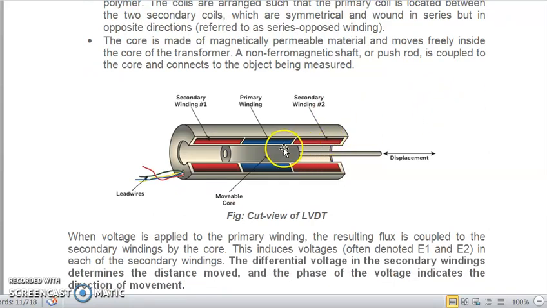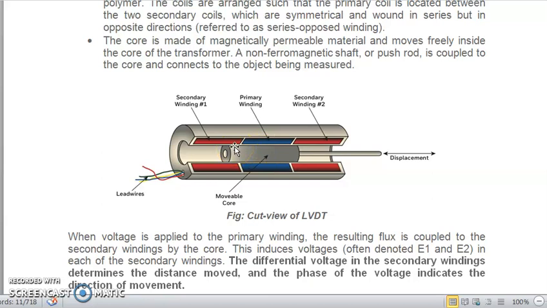In the diagram you can see that the blue one indicates the primary winding. This is the cut view of the LVDT, which is a hollow cylinder, and above the hollow cylinder the windings are wound. The center blue is the primary winding, and on both sides there are secondary windings.